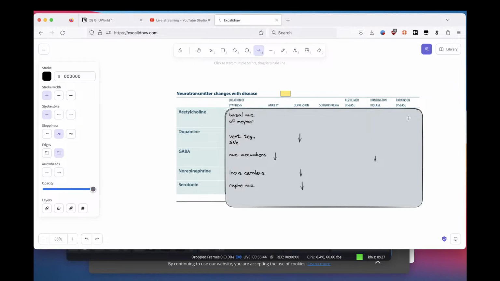Okay. In Parkinson's, dopamine is down for sure. Serotonin is down, of course. But acetylcholine is up in Parkinson's. In Huntington, acetylcholine is down, but dopamine is up. Okay. In Alzheimer's disease, acetylcholine is down. In schizo, dopamine is up.